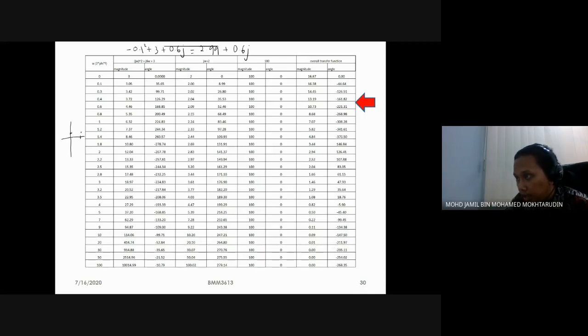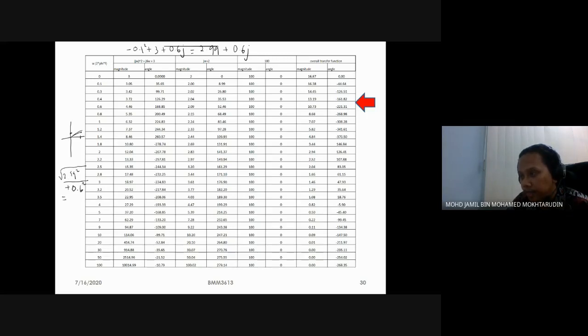And then buat satu garisan. And then calculate the magnitude. So magnitude is square root of 2.99 square plus 0.6 square.